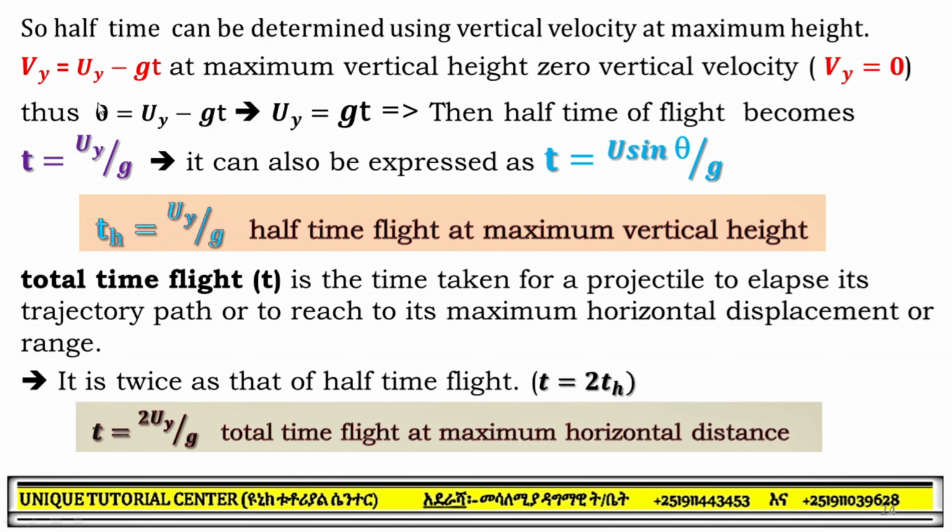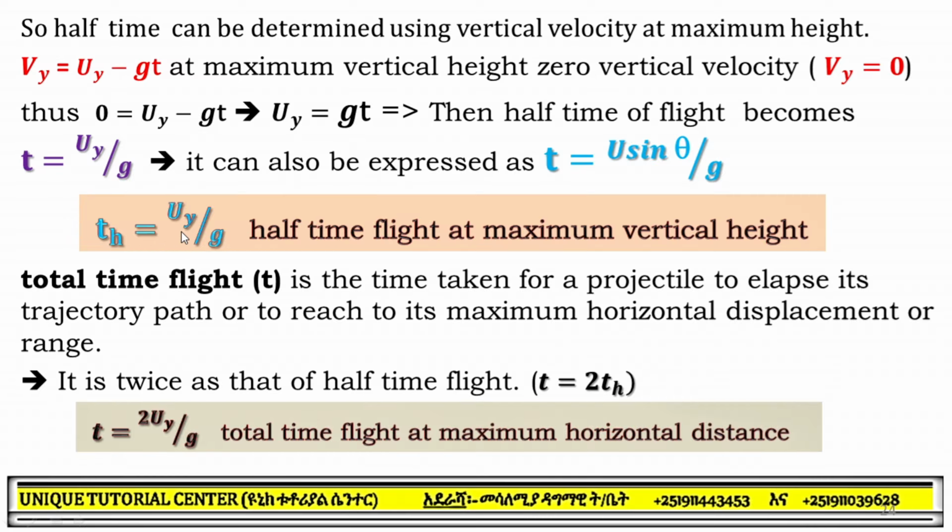Therefore, gt moves to the other side and becomes positive. So Uy equals gt, or t equals Uy over g. The half-time of flight becomes the initial vertical velocity component over gravity g. Since Uy is u sine theta, t will be u sine theta over g.